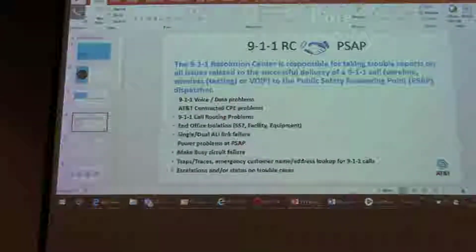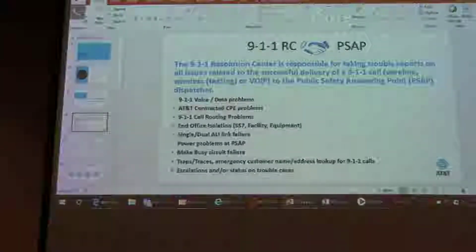This is basically the relationship between the Res Center and you as a PSAP. When the council ventured into Next Gen 911, a lot of thought was put into how to support the PSAP: how do we give them something they haven't had before, so they get the attention they need? That was done by presenting the Res Center as your single point of contact.